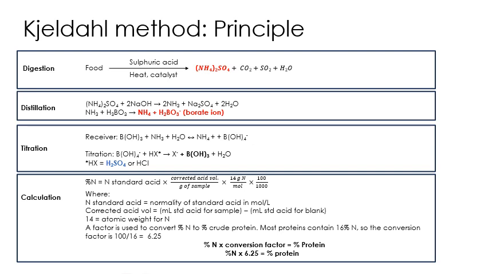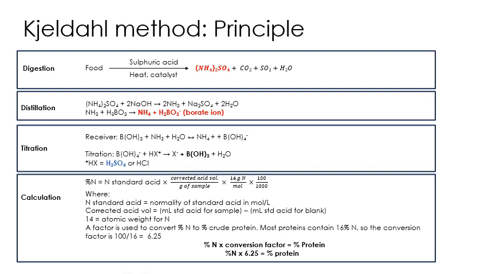Now, in order to calculate the percentage of protein, we can use a factor to convert percentage of nitrogen into percentage of crude protein. Because we know the majority of protein contains around 16% nitrogen, the conversion factor is 100 divided by 16, which is equivalent to 6.25.